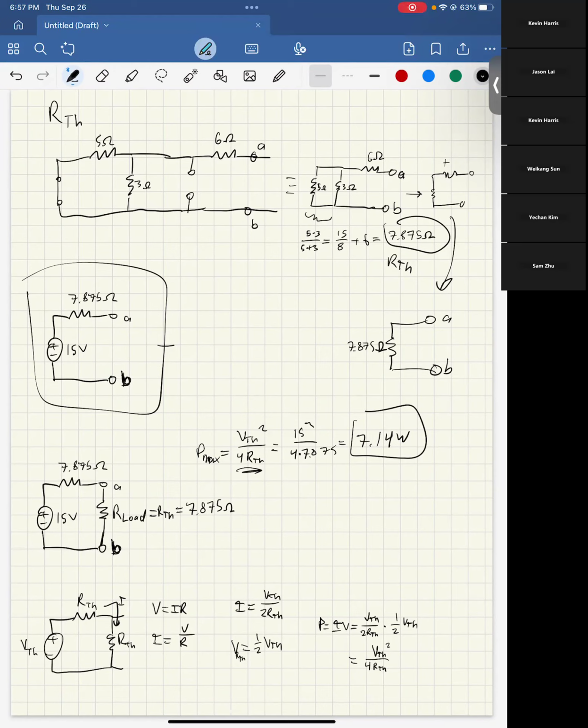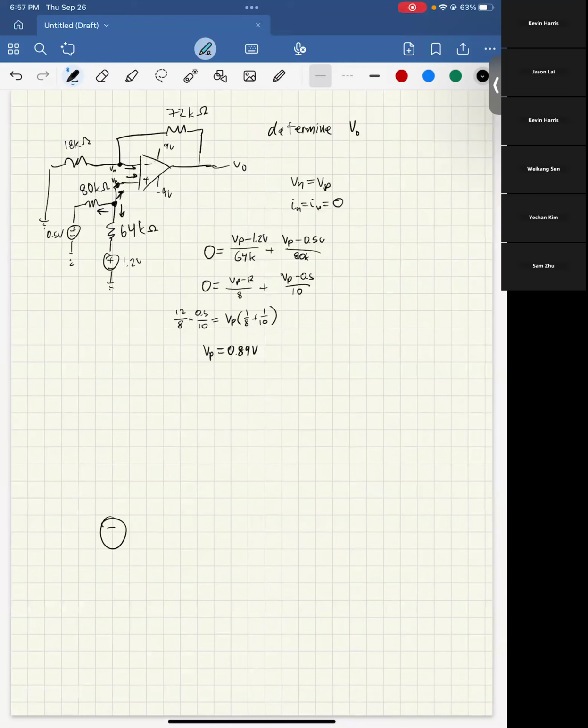But in general, for any question where it asks you to find the maximum power through a resistor, you have a voltage source, and that voltage source has some kind of either internal resistance, or this is a Thevenin circuit and has a Thevenin resistance. You have this voltage source in series with a resistor, and then you have some load resistor. That load resistor is always going to be equal to this one. That's just the configuration that will get you the maximum power out of this resistor.